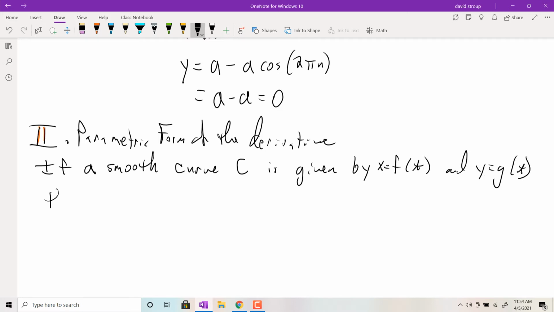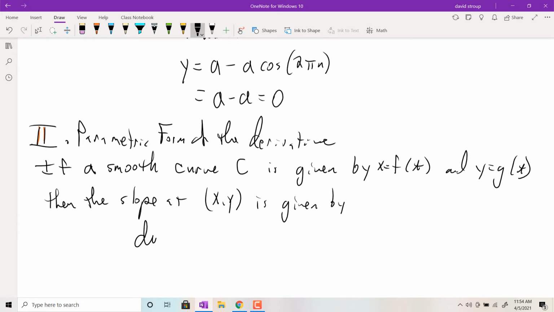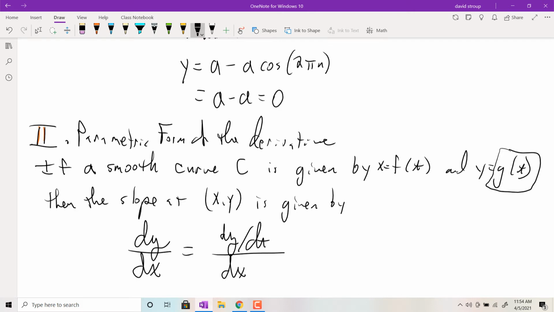Then the slope at the point x comma y is given by, just as we would think, the derivative of y with respect to x, but what we're going to do is put the derivative of y in the top. So that would be the derivative of y with respect to t, and on the bottom we put the derivative of x with respect to t.